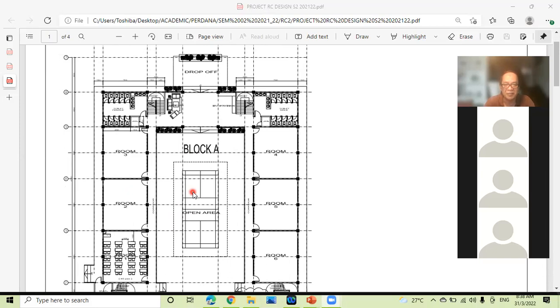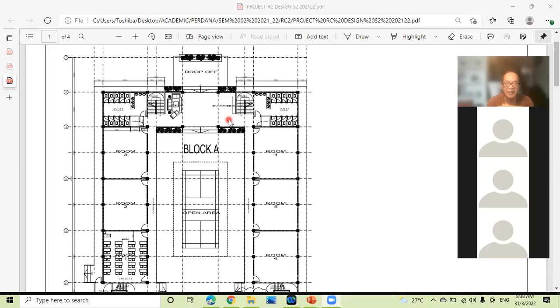Okay, so this is basically the architectural drawings that I have shared with all in your e-learning. So please download the drawing, and from this architectural drawing, each group will then attempt to design the building. Okay, design the building ni nanti kita akan have a look at that later on. Before designing the building, biasanya is to come up with your structural plan.